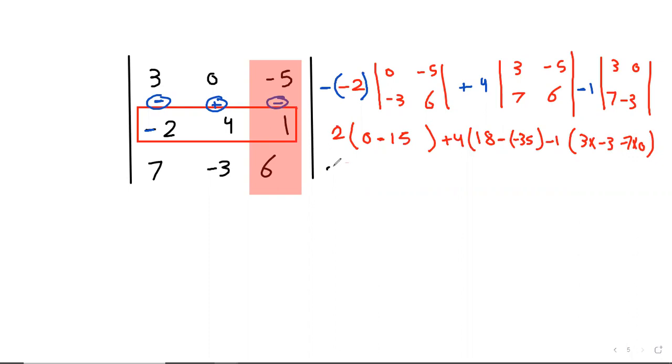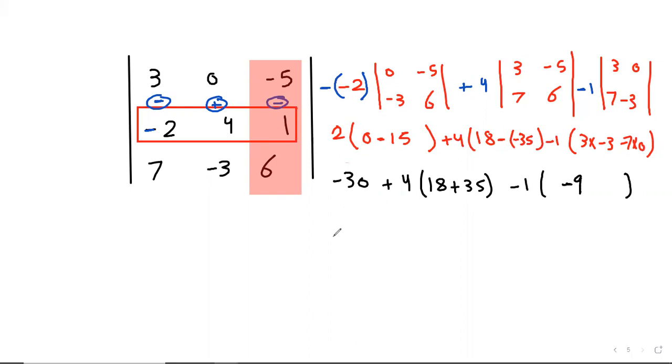So here, it's a 2 multiplied by 0, minus 15, it's minus 15, so it's minus 30 here, plus 4 multiplied by 18 plus 35, and here it's minus 1 multiplied by 3 times -3, minus 9, and -7 times 0, it's 0.